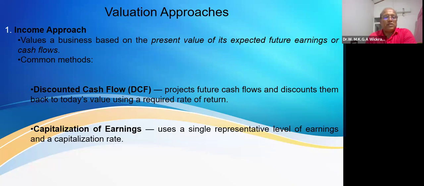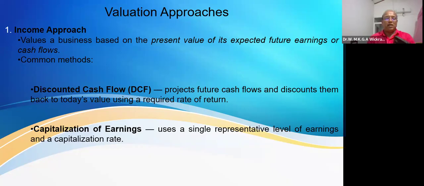The second one is the capitalization of earnings. If your earning is 500,000 per year, just divide 500,000 by your capitalization rate, which means the rate you earn so far. Assume you are getting a profit percentage of 20%.